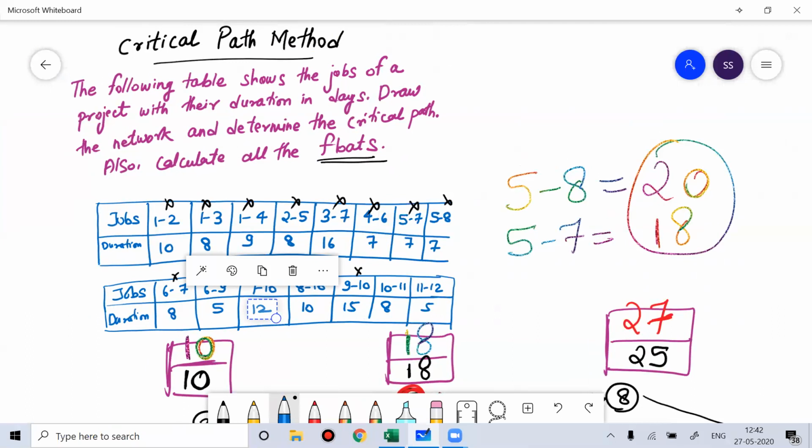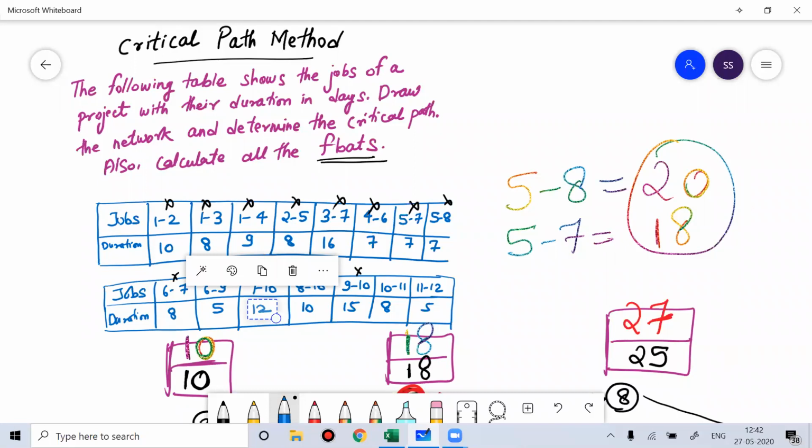So in today's class I have done the critical path method. Based on the data of the network diagram, we drew the diagram, and for every activity time was given to us. We used forward pass calculation to calculate the earliest time to do the work at every node.